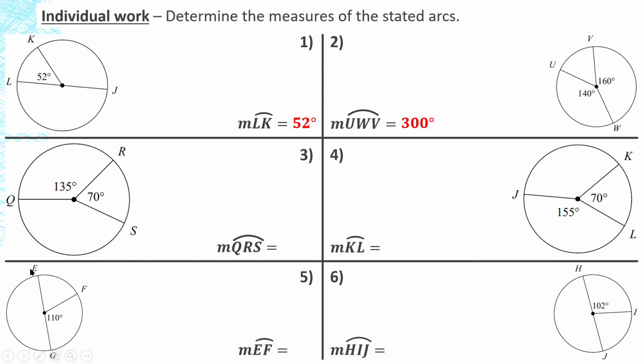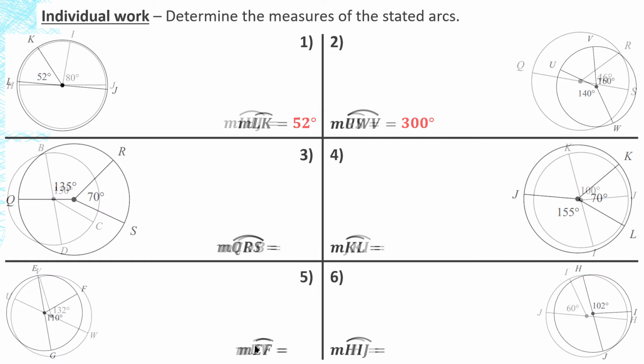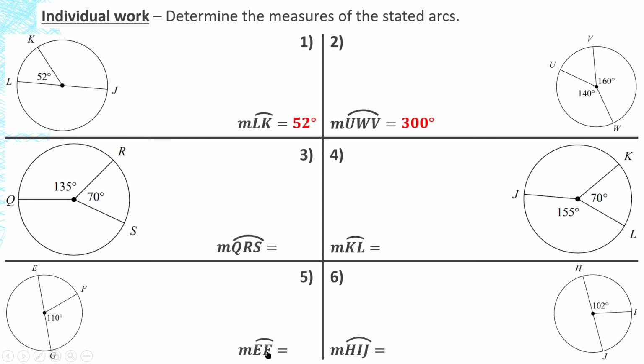But anyway, since we're looking for EF, if this is a diameter, what does a diameter do to a circle? It cuts it right down the middle. Diameters cut circles in half, if you take any one diameter, that is. So EF and FG together make a semicircle, so 180 minus 110, 70 degrees.